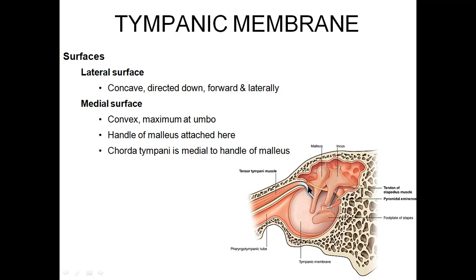You call this nerve the chorda tympani nerve. So chorda tympani is medial to the handle of malleus. Do you remember where it supplies? Chorda tympani is a branch of which nerve? Facial nerve, yes. And where does it supply? It is collecting special taste sensations from the anterior two-thirds of the tongue, right?